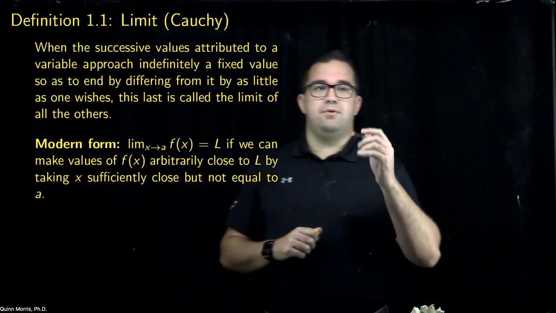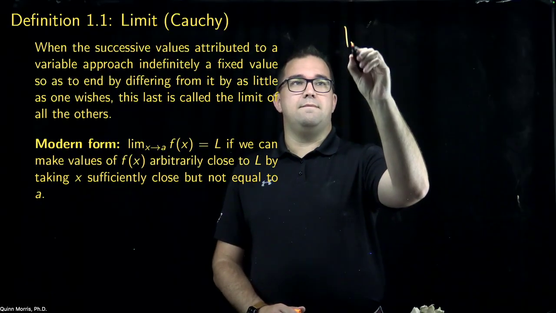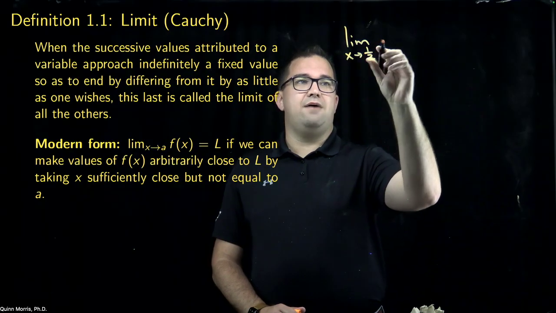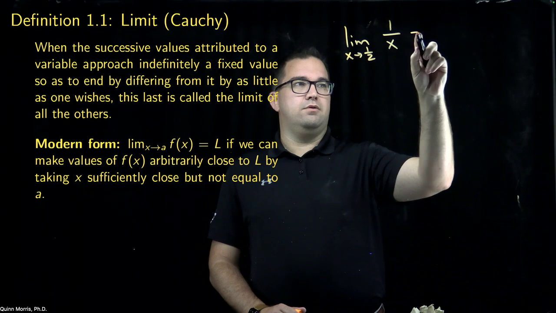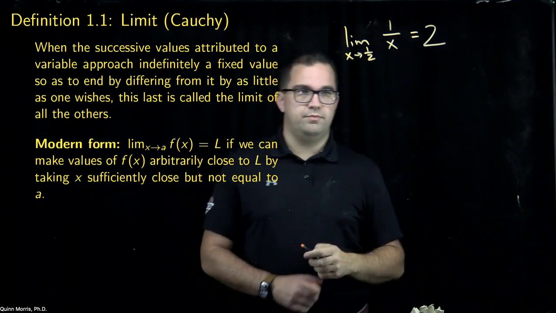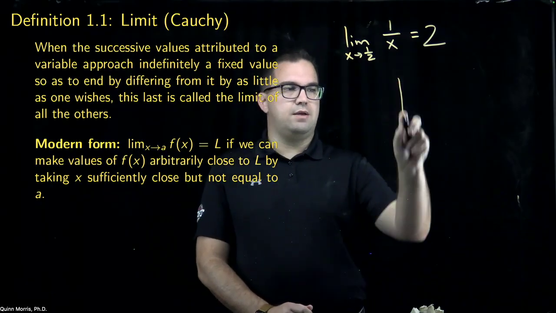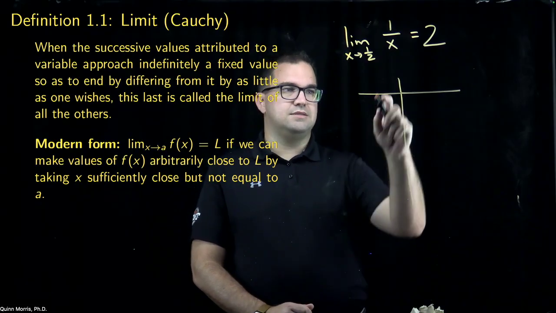So, for example, if you were curious to know what is the limit as x approaches, say, 1/2 of 1 over x, now we know that that's just going to be 2, but we might start to justify this, and this is often how you might start in a calculus class thinking about limits.